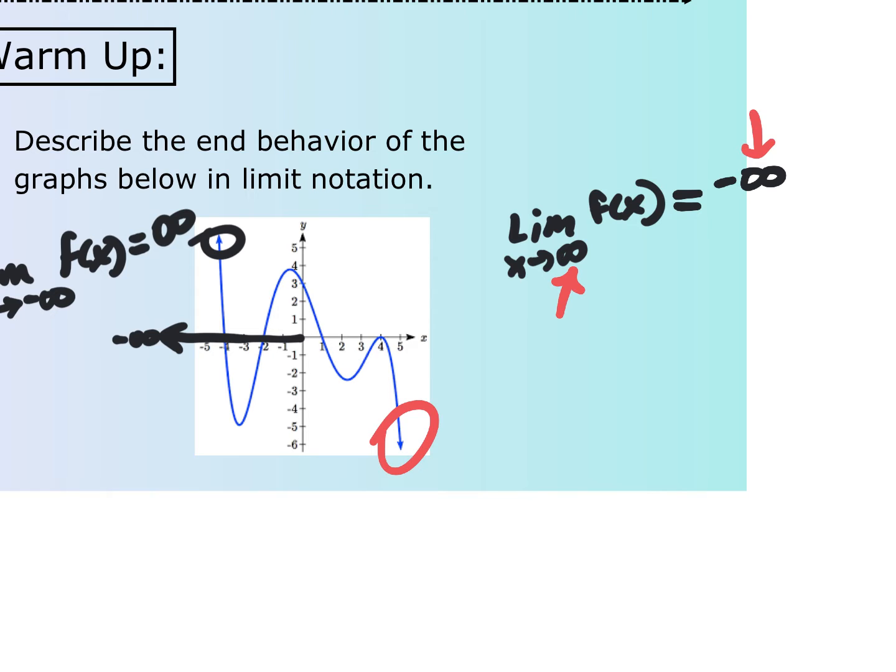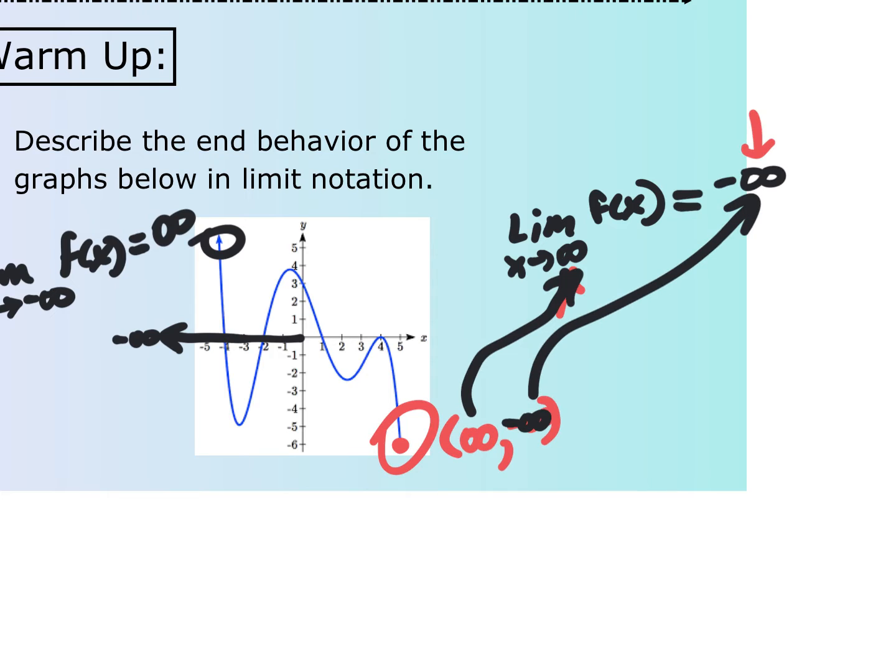You could almost say that this point, if we continue forever, would be at positive infinity, comma, negative infinity. Do you get what I mean by that? Is there really a point at positive infinity, comma, negative infinity? No. But do you get how that can tell you this and that?